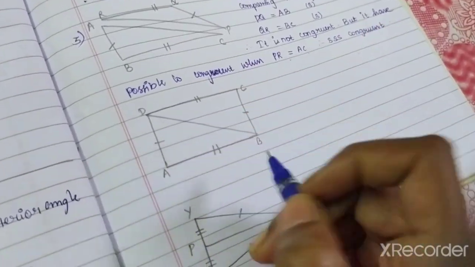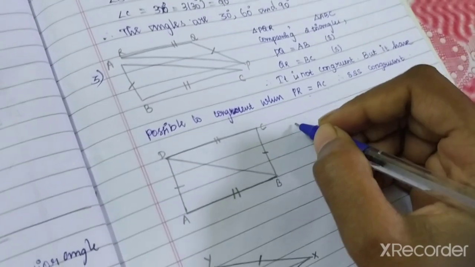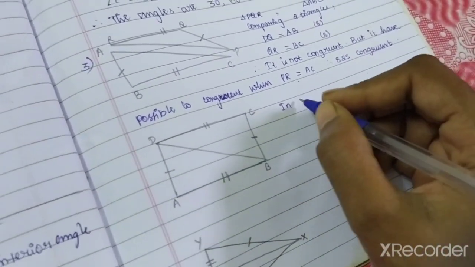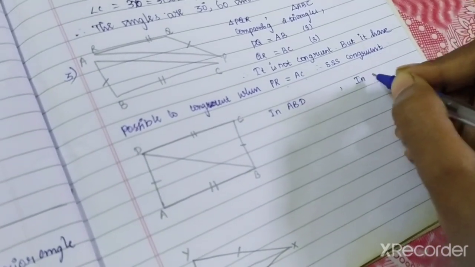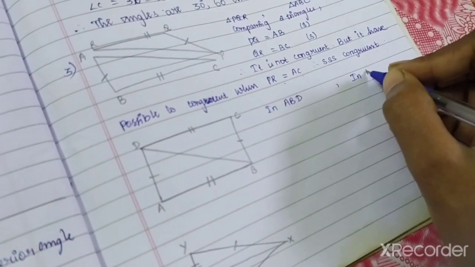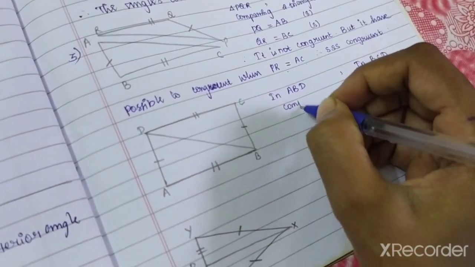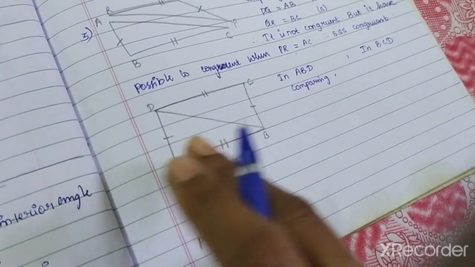So by using this, we are having a rectangle, so I am dividing it into two equal triangles. In this case, in triangle ABD and in triangle BCD, comparing these, what we get?